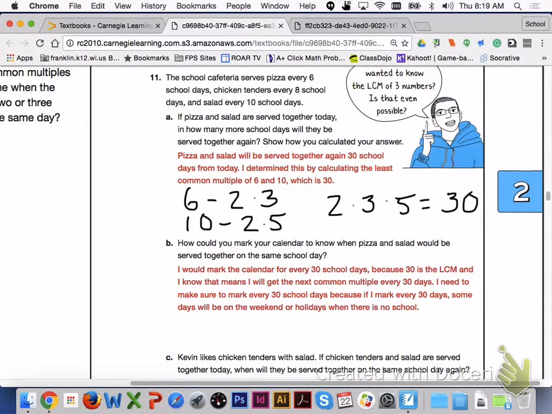So I'm multiplying 2 times 3 times 5 together in order to get 30. So pizza and salad will be served together again 30 school days from today. You are determining the least common multiple of 6 and 10. For letter B then, you would know to mark your calendar for every 30 school days because 30 is the LCM of 6 and 10.